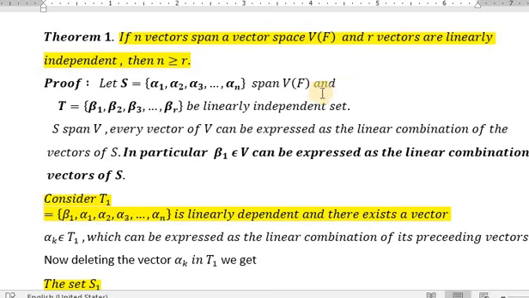Let S be the set of vectors alpha 1, alpha 2, alpha 3, and so on up to alpha n, which spans V of F. And let us consider T equal to beta 1, beta 2, beta 3, and so on up to beta r, be a linearly independent set.